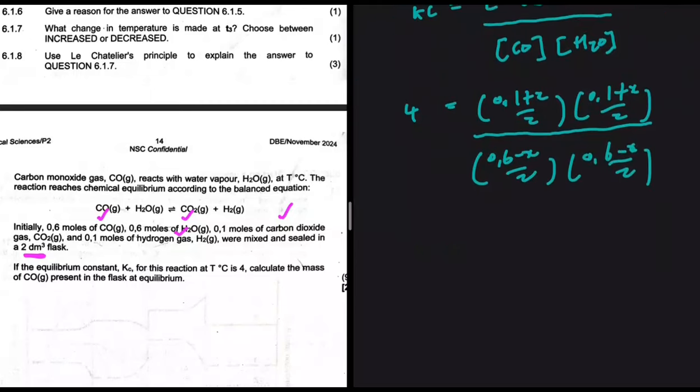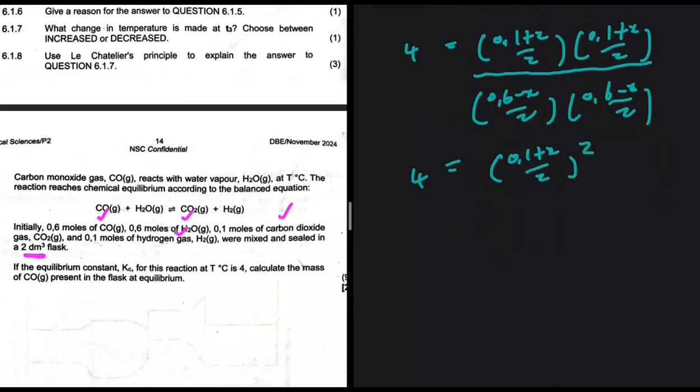So let's solve for x. First things first, 4 is equal to 0.1 plus x over 2 to the power 2, because they are multiplying each other, right? Divided by 0.6 minus x over 2, everything to the power 2.